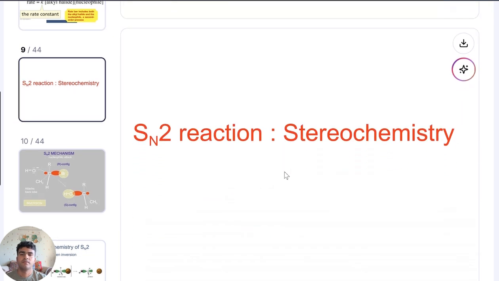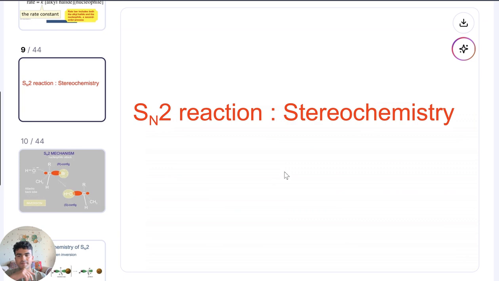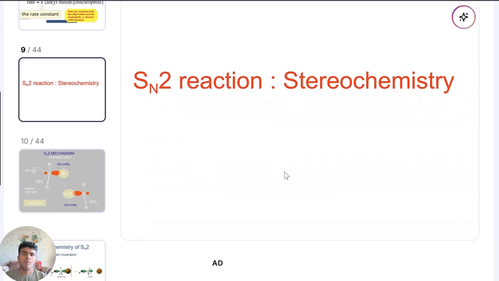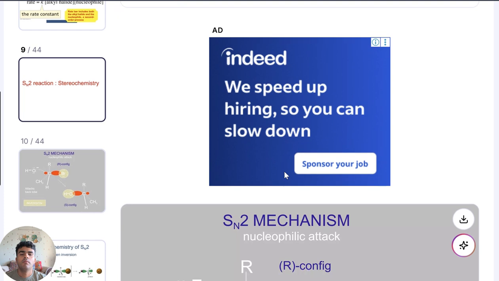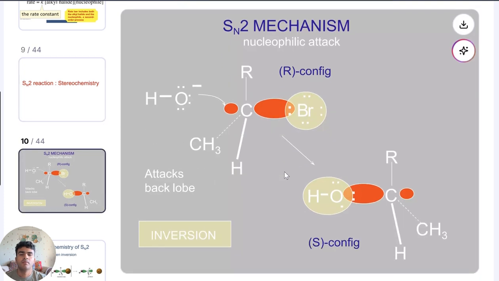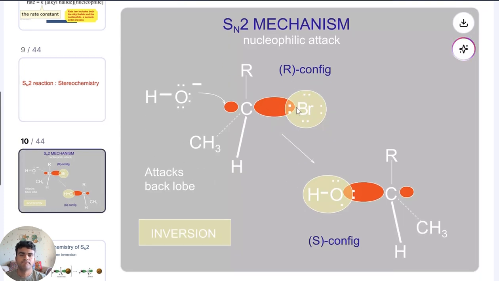Next, the stereochemistry. This is the orbital diagram of the substrate. The red is sp3 hybridized, and this is the antibonding orbital.